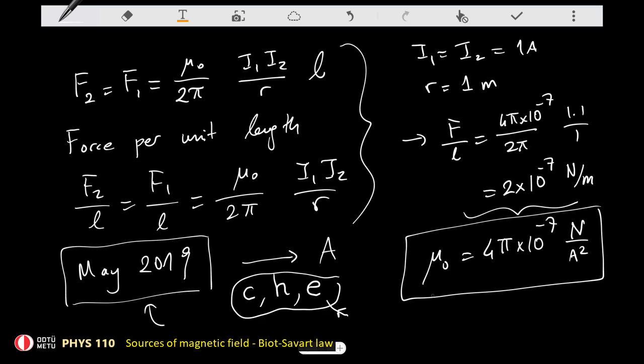As a result, since last year, the permeability of the vacuum, the mu 0 quantity, does not have the exact value given by this now. This is now approximate, so people are now measuring this quantity, and I believe they have also obtained deviations of mu 0 from the given value here.